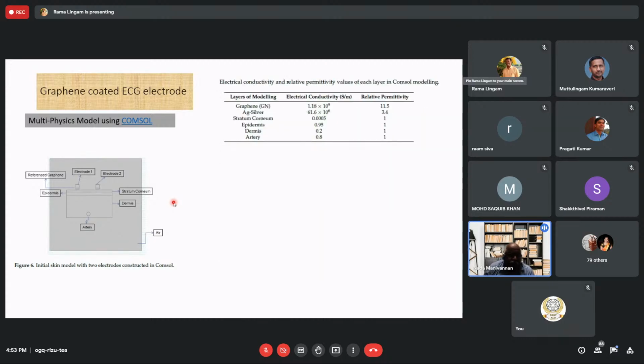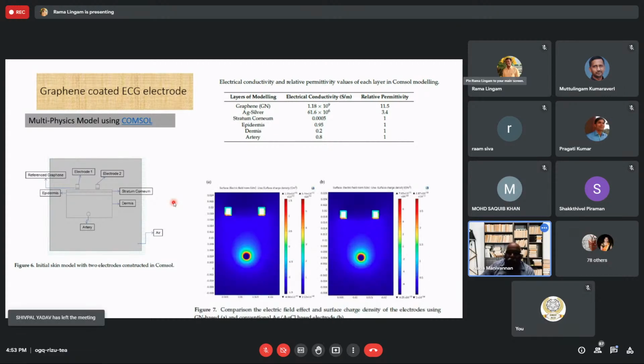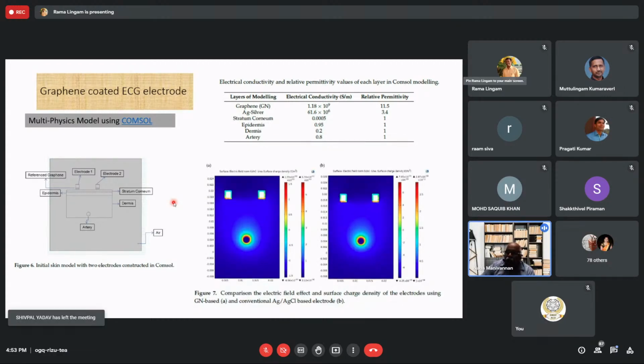In this example, we created a skin model where we can put an electrode on top of it. We put two electrodes just for the sake of modeling. One of them is the reference, that means grounded, and the other one is the electrode to measure.